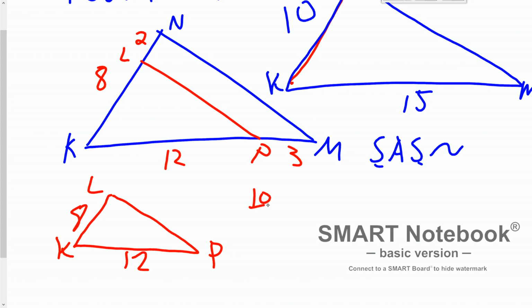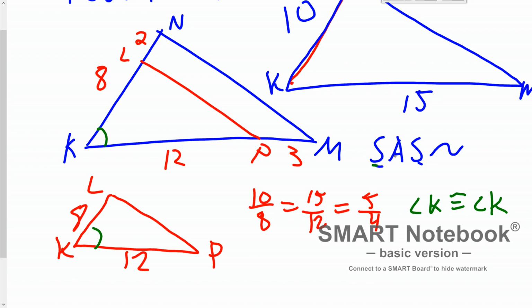So 10 and 8, and I'll make sure that equals 15 and 12, which reduce down to 5/4. So those are both 5/4, so that's true. And then the second part is an angle in between. Well, angle K is angle K, so angle K is congruent to itself. Every angle is congruent to itself.